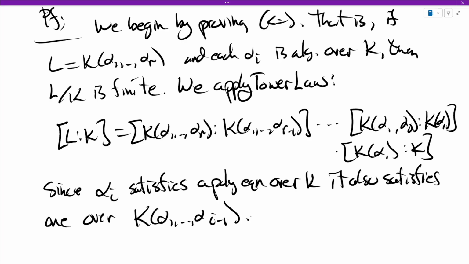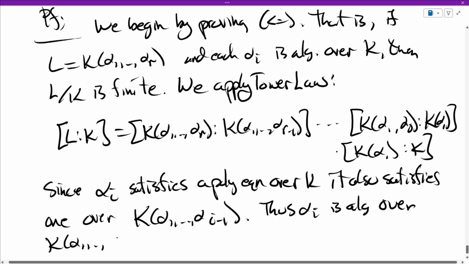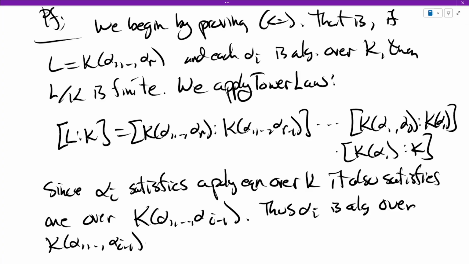Right? If I give myself more numbers, I have probably a smaller degree polynomial equation I can satisfy. So alpha I is algebraic over this field K(alpha 1, ..., alpha I minus 1). So each time we add a new element, it's algebraic over the field that we're at.